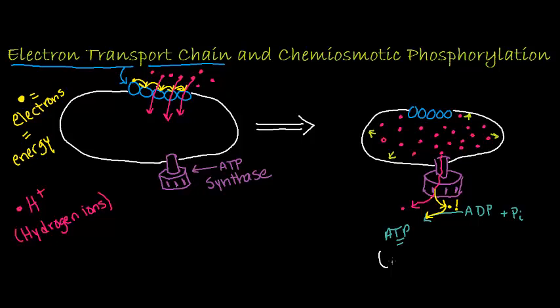We force all these hydrogen ions in, and energy is released when they escape through the ATP synthase, and the ATP synthase takes ADP and phosphate and uses that energy to cram that last phosphate on the ADP, and then you end up with ATP, adenosine triphosphate. There's your adenine, your ribose, and then 3 phosphates are just crammed on there, and it's a high energy molecule. And this is how we get ATP, or this is one of the ways we can get it.